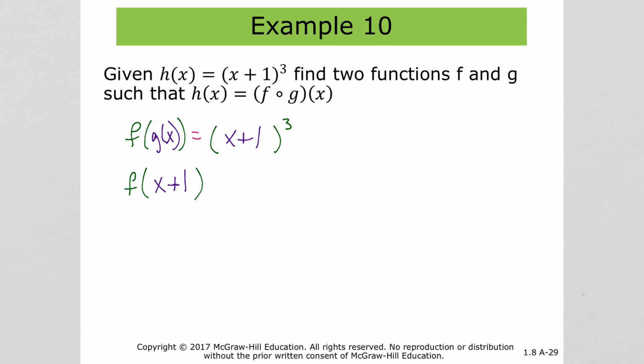Okay? So that's saying that g of x is x plus 1, and f of x is, what's left? X cubed. And that's the end of section 1.8 and the end of chapter 1.